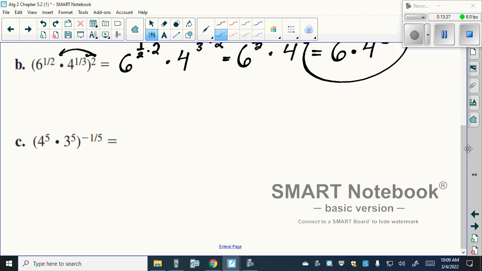Let's look at the last one, C. So we have 4 to the 5th times 3 to the 5th, all to the -1/5. So as we've seen so far, we're using these properties of powers. Which property do we want to use first?